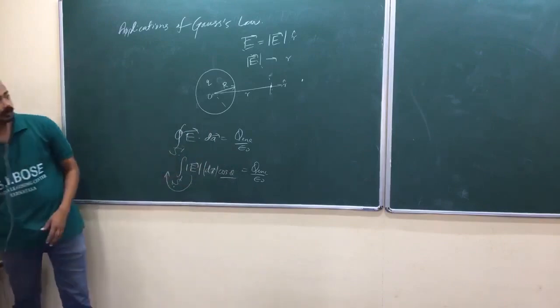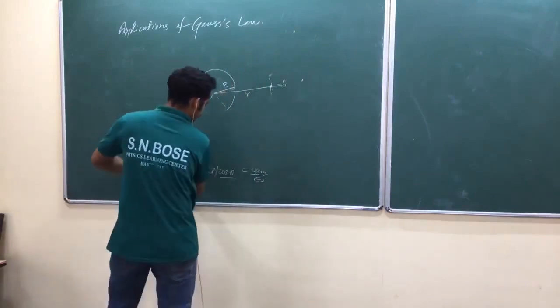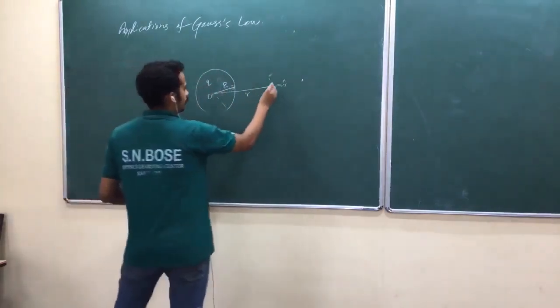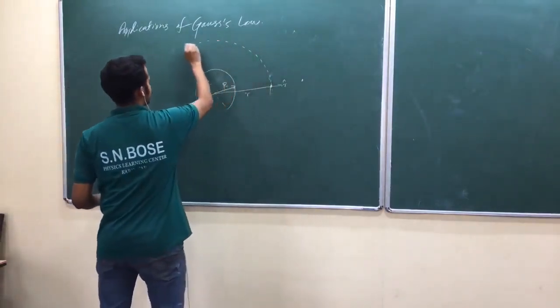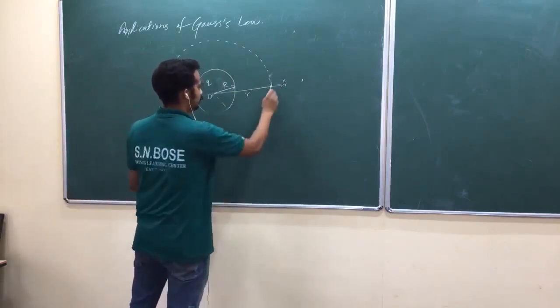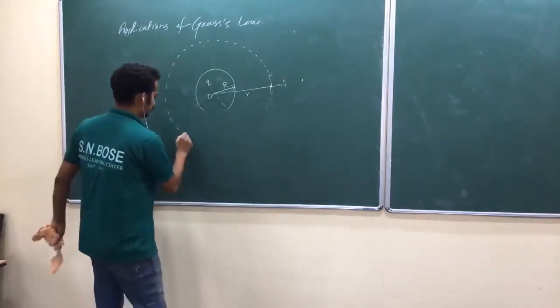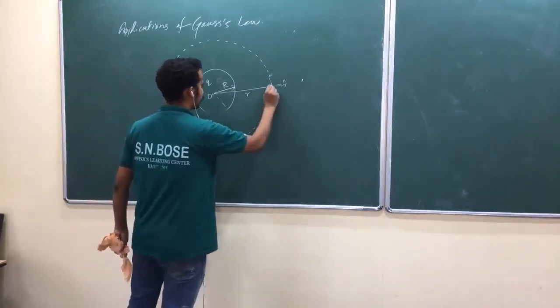So, that's why what we are going to do here is, we are going to take a spherical surface. We call it again an imaginary surface, on which we are going to apply Gauss law.